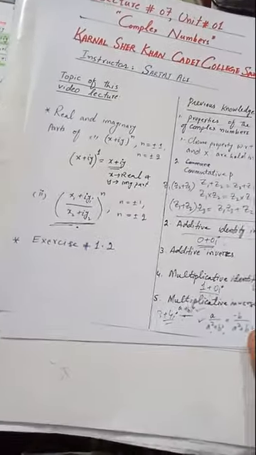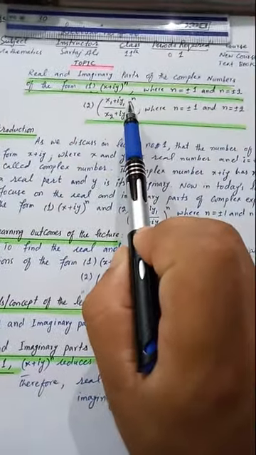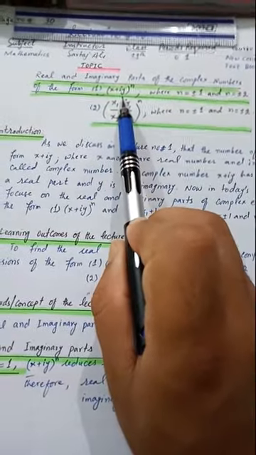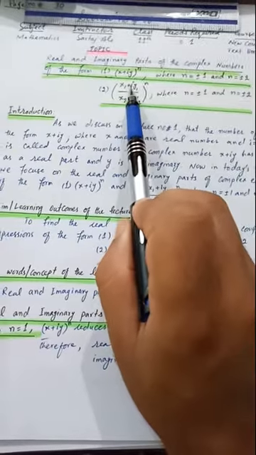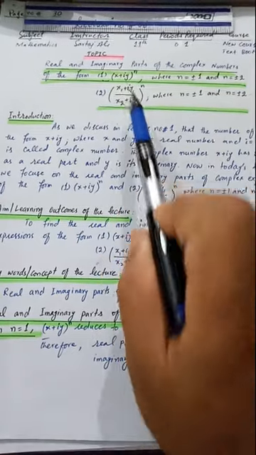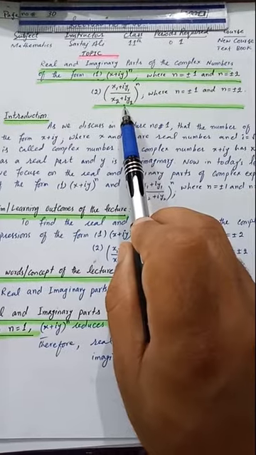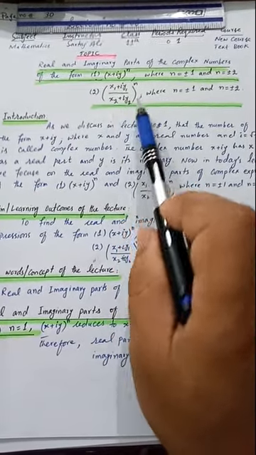Now coming towards today's topic, which is the real and imaginary parts. In this lecture, first of all, we will see how we can find the real and imaginary parts of such type of numbers, and how we can find the real and imaginary parts if we are given such type of expression.